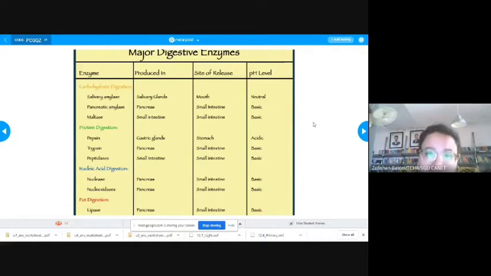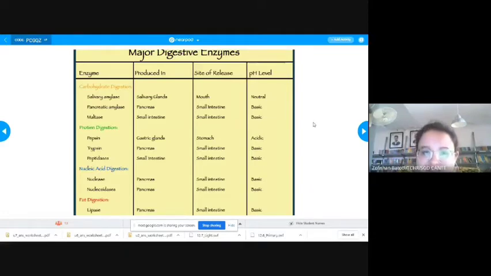In the small intestine, it is released by an organ known as the pancreas. There, leftover carbohydrates are further digested by amylase.